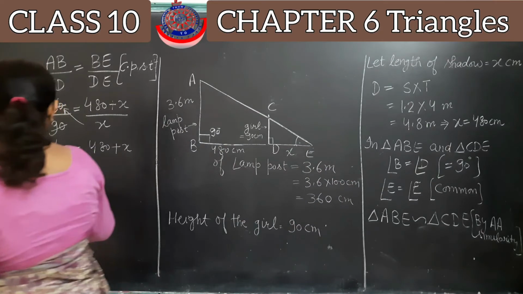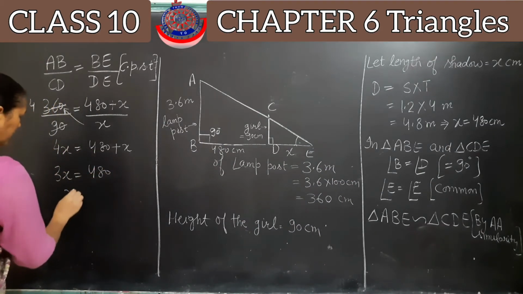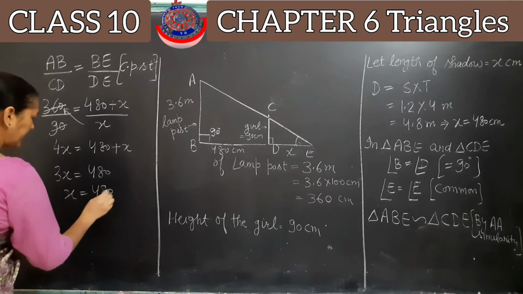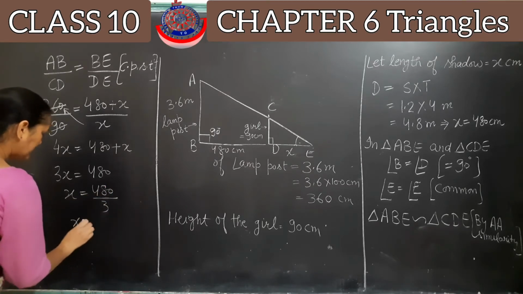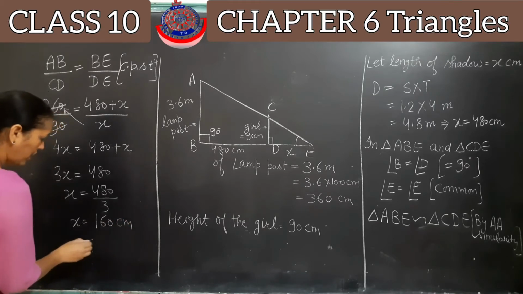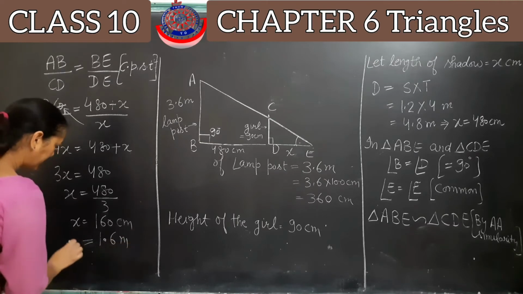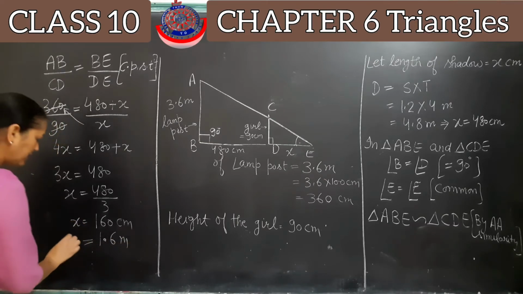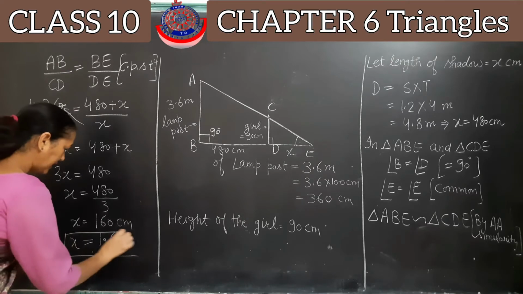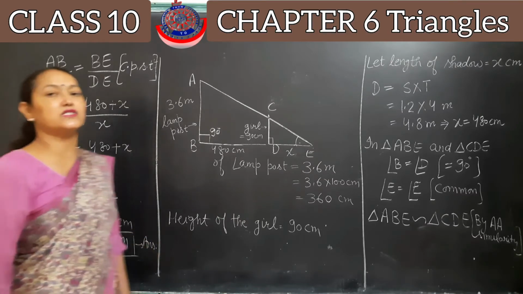So we will be getting the value of x as 480 upon 3, which comes out to be 160 centimeter, or just by dividing by 100 we can write it as 1.6 meter also. Therefore, length of the shadow of the girl at that time is 1.6 meters.